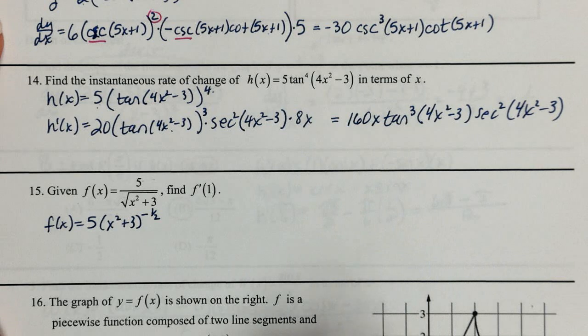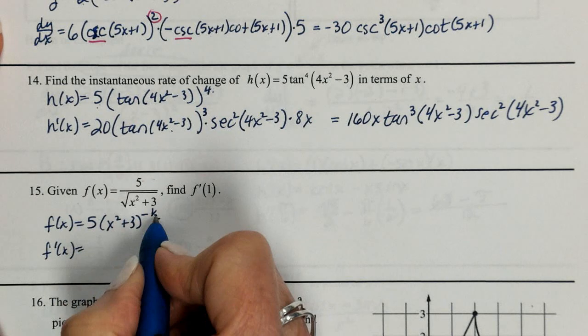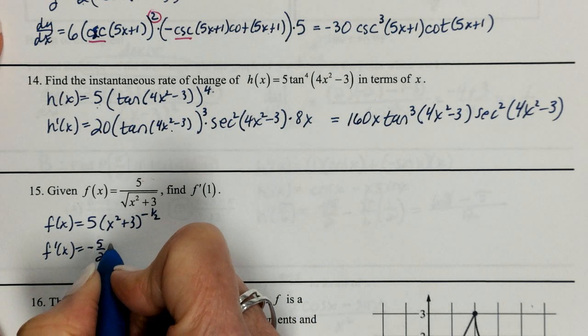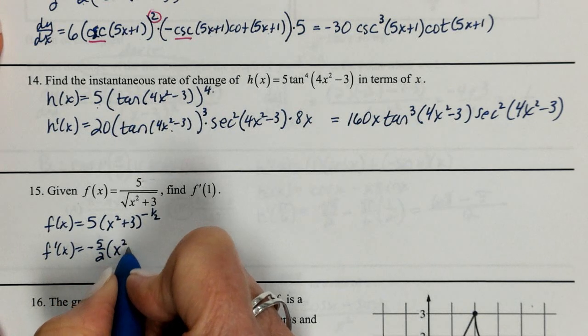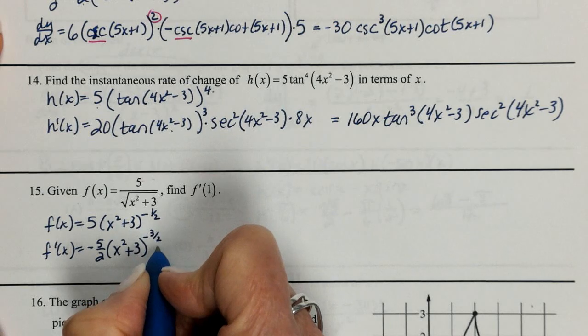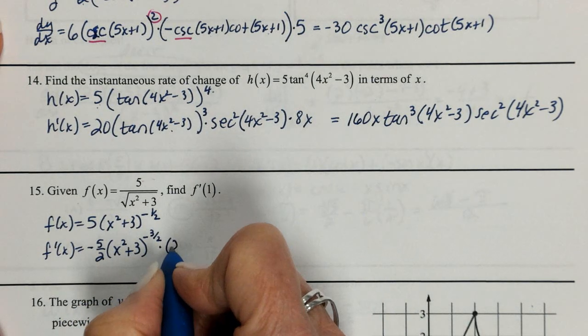It's a square root, so negative 1/2 power. And now I'm going to use the chain rule. Negative 1/2 times 5 is negative 5/2. Keep your x squared plus 3, reduce the power by 1. And then lastly, multiply by the derivative of the inside, 2x.